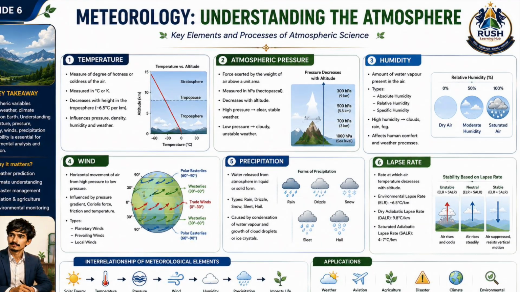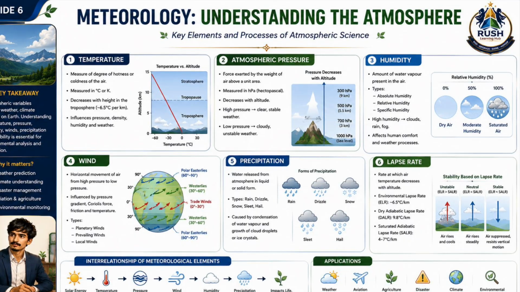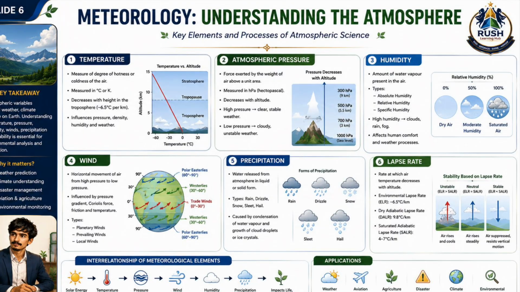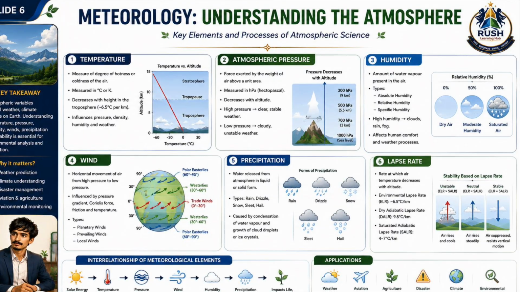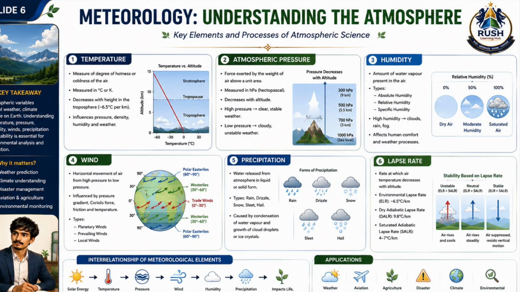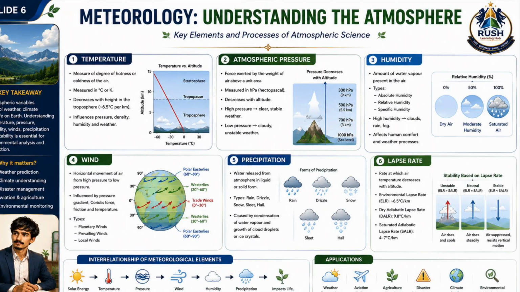When ELR is equal to DLR, the atmosphere is neutral. When ELR is less than SOL, the atmosphere is stable. Atmospheric stability is extremely important because it controls vertical air movement, cloud formation, storm development, and pollutant dispersion.